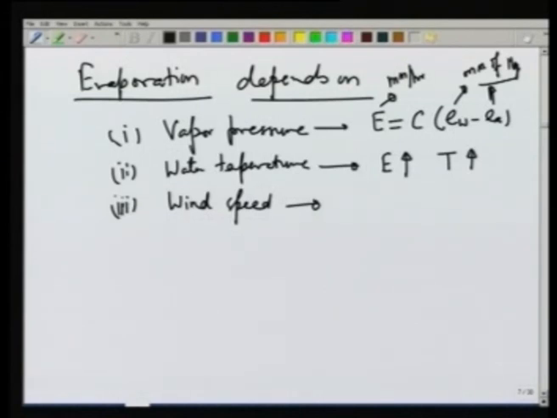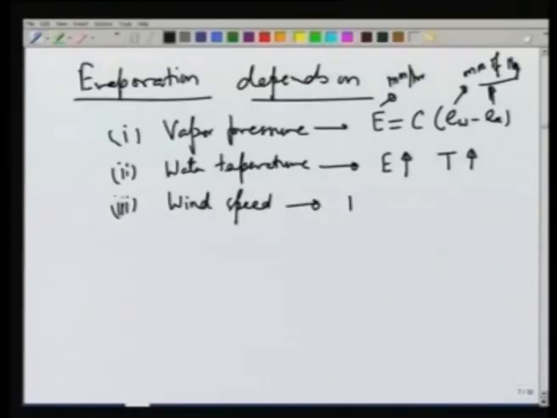If there is no wind, evaporation will continue for some time and then become almost negligible. But if there is a wind, then we have a continuous process going on. So, evaporation again will increase with increase in wind speed, let us call it W, but it will not keep on increasing, because there is a critical value beyond which the wind speed will not affect evaporation.